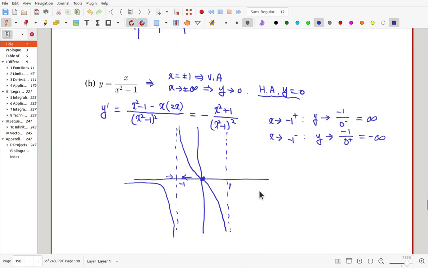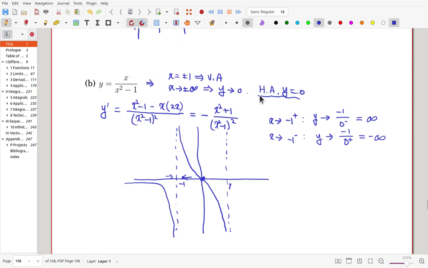Also the same way, if x approaches 1 from the right, then the bottom is positive but approaching 0, and the top is positive, so eventually it will go to infinity.